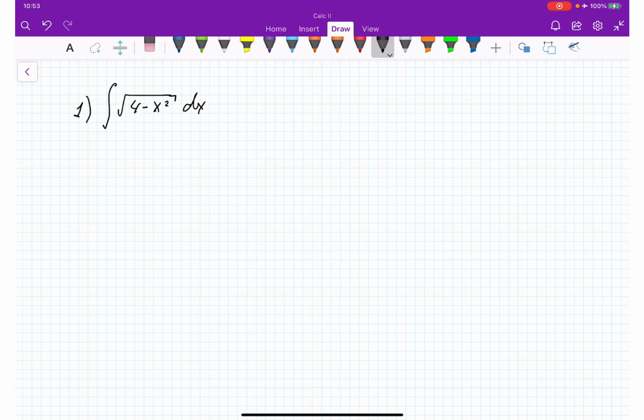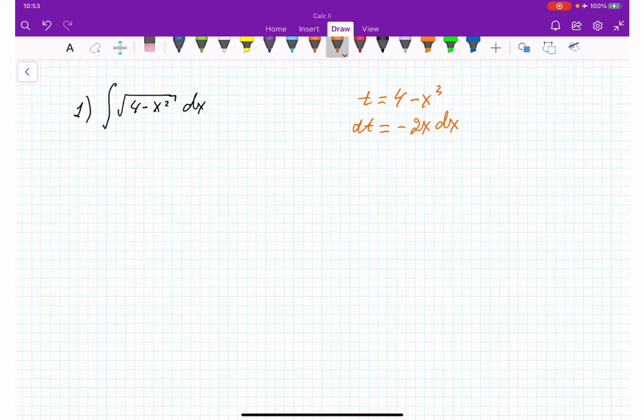Looking at this radical, I know you would jump right away to the substitution t equals 4 minus x squared. From here, taking the derivative, dt would be negative 2x dx.